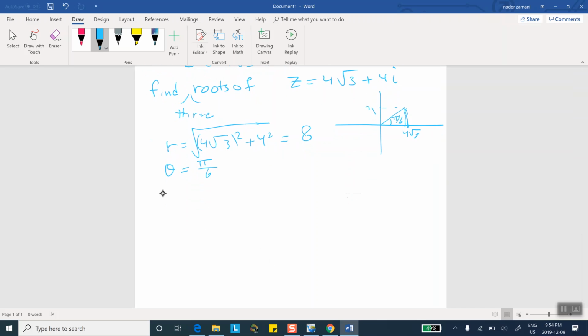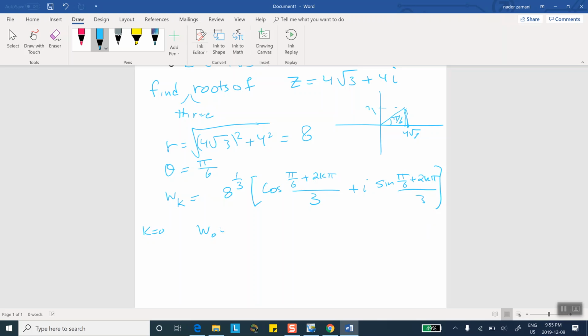So the three roots are w_k equal to 8 to the 1/3, r to the 1/3, cosine of (theta, which is pi over 6, plus 2k pi) over 3, plus i sine of (pi over 6 plus 2k pi) over 3. Okay, now start k equal to 0.